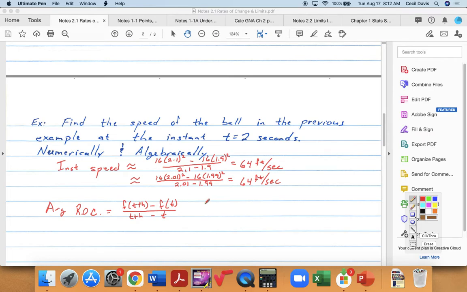In other words, what if I took the limit as h went to 0 of f of 2 plus h minus f at 2 over 2 plus h minus 2.